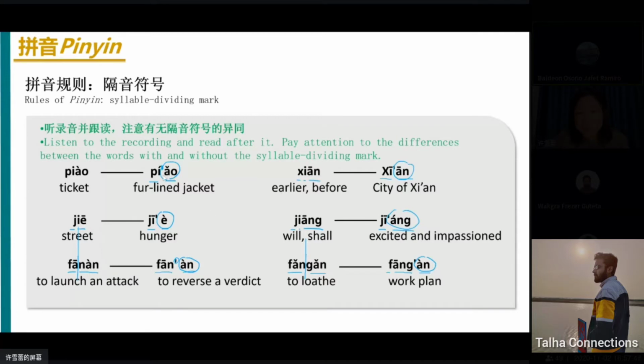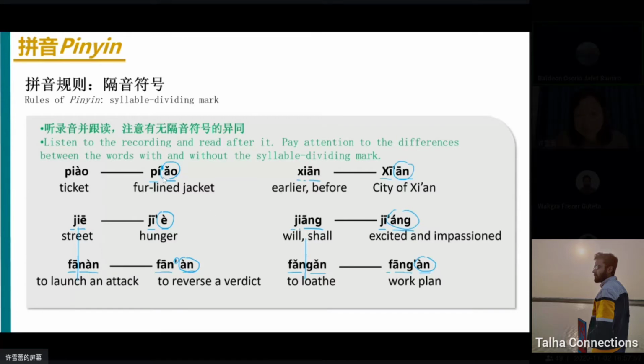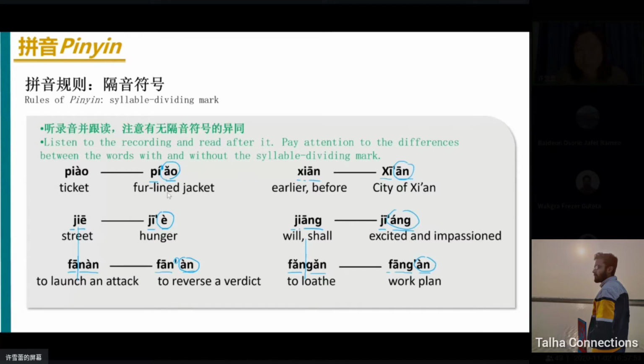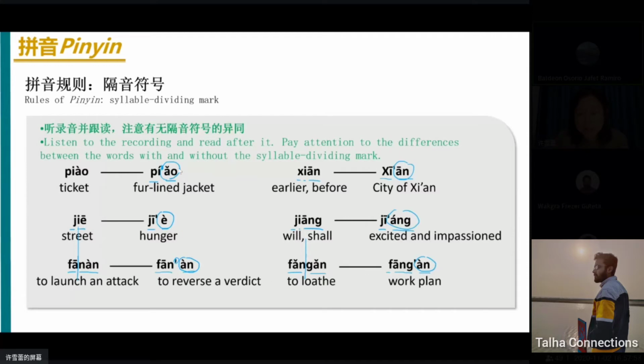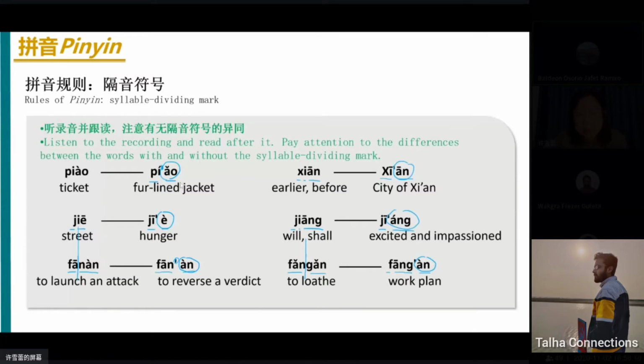If there's an initial, it's easier for us to say, oh, here is a syllable. Since there's no initial for this syllable, it's a little bit easy for the reader of Pinyin to mistake it as one syllable.